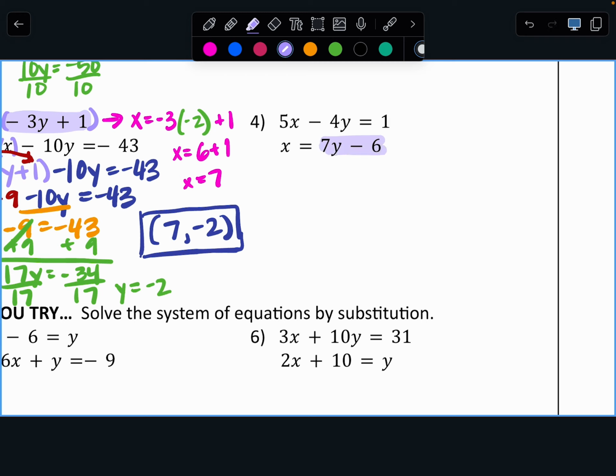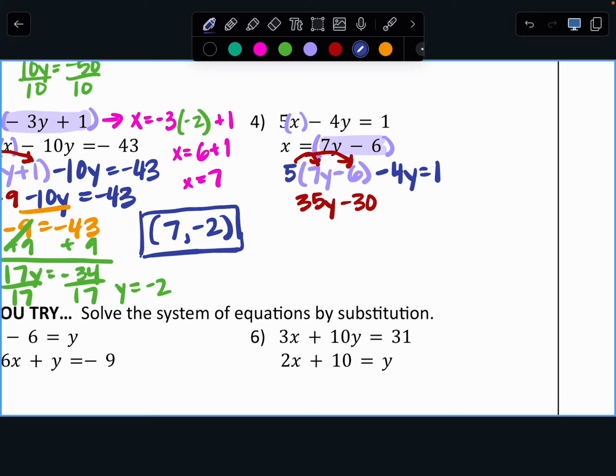So this is what we'll be substituting. 7y minus 6 is going to be substituted for x in the first equation. 5 times (7y minus 6) minus 4y equals 1. Distribute. 5 times 7y is 35y. 5 times negative 6 is negative 30. Minus 4y equals 1.